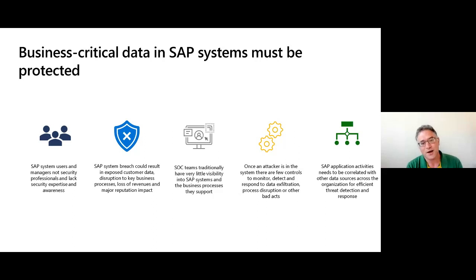Also important to know that even if you have security controls and start monitoring your SAP system, it is imperative and vital to also cross-correlate the data from the SAP application, what happens within the application, together with the data that we get from the infrastructure that runs SAP, from Active Directory, from the network devices, in order to gain high fidelity of an attack.